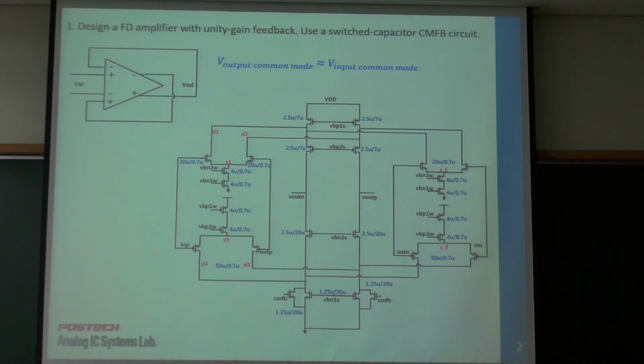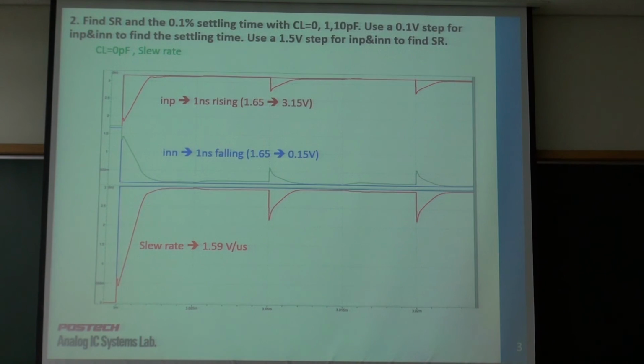I think, yeah, he used that combination, right? In P, out P combination. In M, out M combination for the differential pairs. So what's this? Slew rate. Looks fine, right? Slew rate.